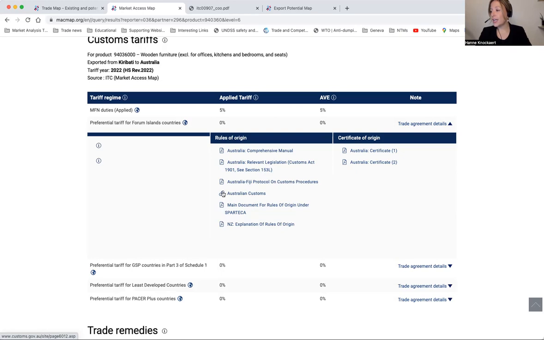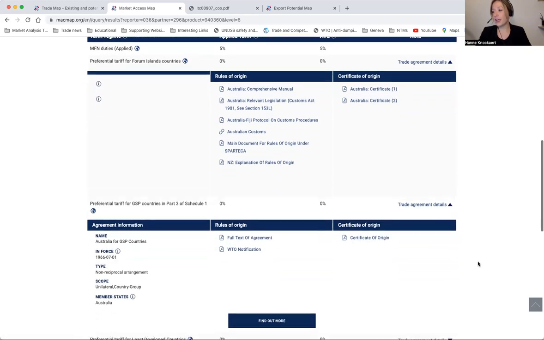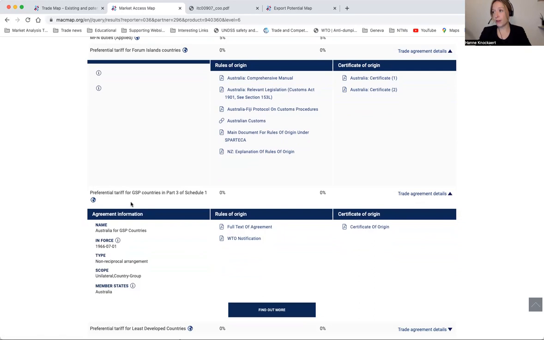If you see a little link sign, you can actually click on this and you go directly to the Australian Customs, where you can no doubt find more information on this. But they also receive a beneficial tariff rate under another scheme, which is a preferential tariff for GSP countries.